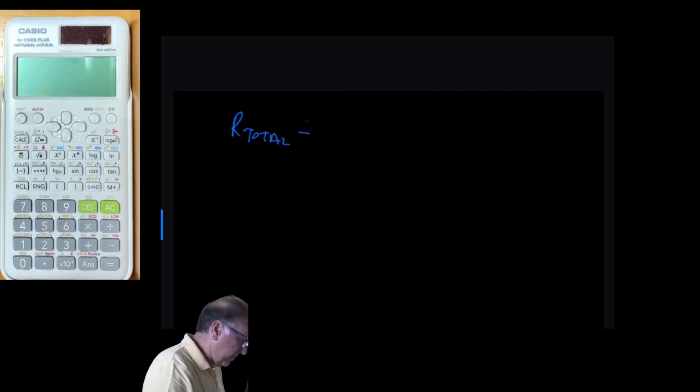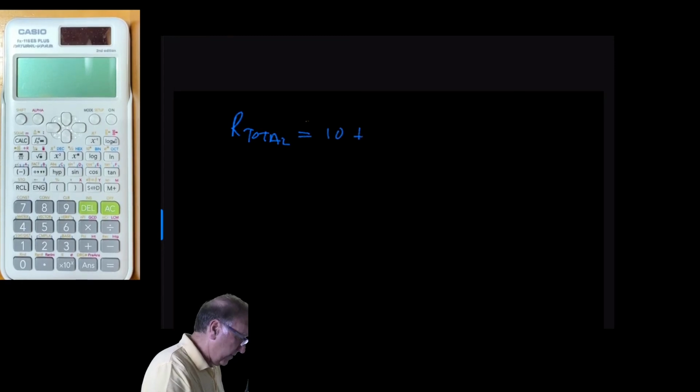For our last exercise today, I have a small circuit. We'll take an R total equal to 10 plus 2 in parallel, and that's the parallel symbol, 3 in parallel with 5 ohms.